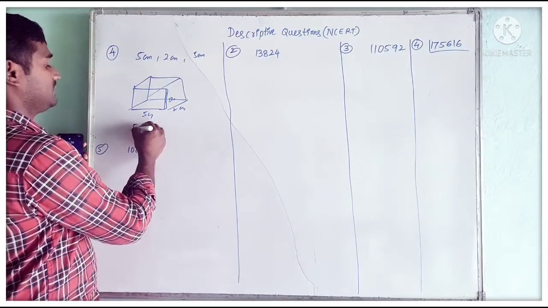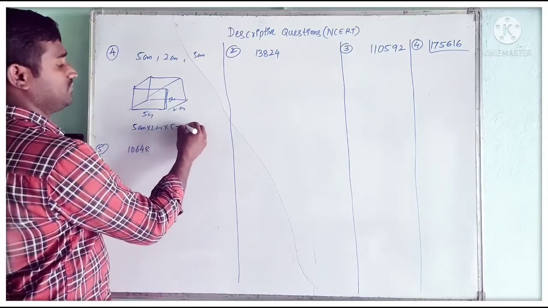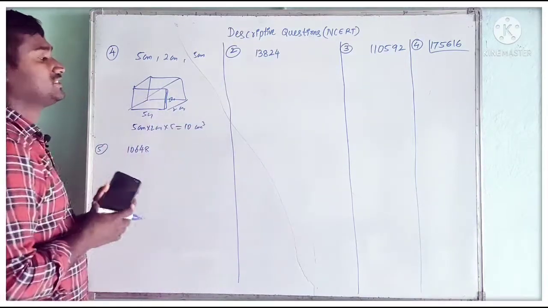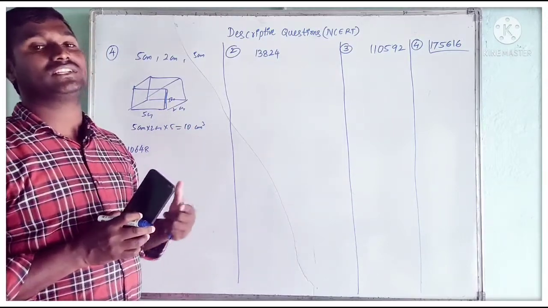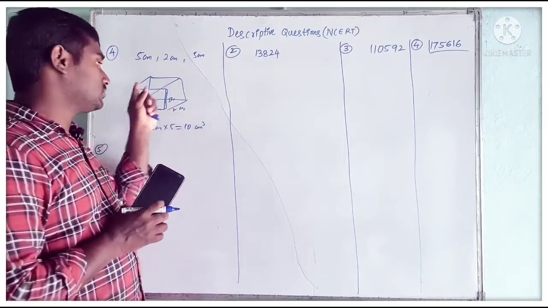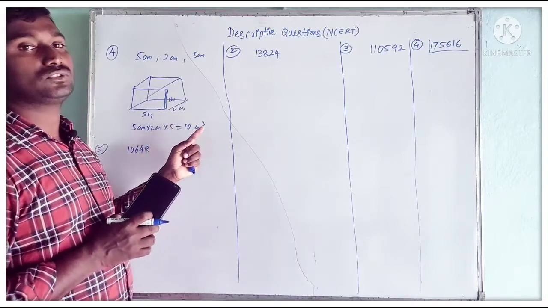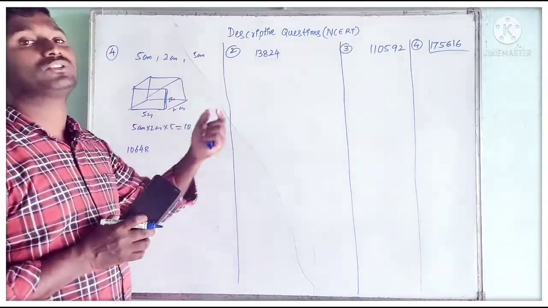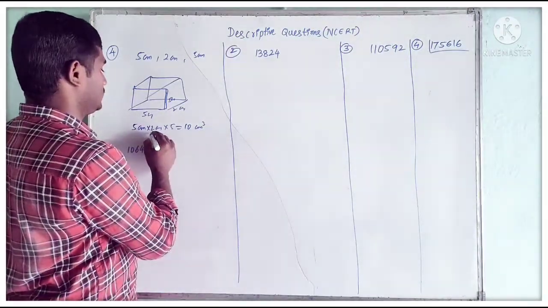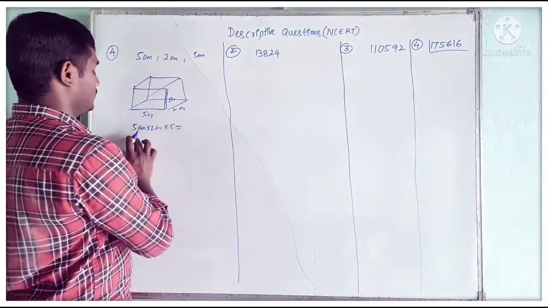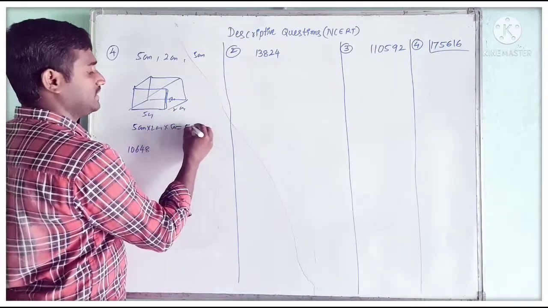So that is 5 cm into 2 cm into 5 cm. 5 twos are 10, 10 fives are 50 centimeter cube.